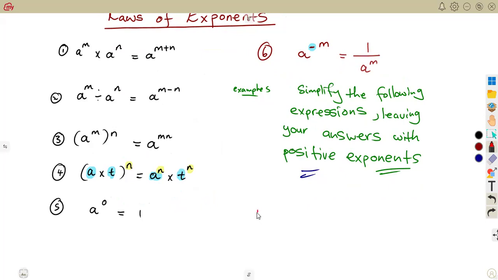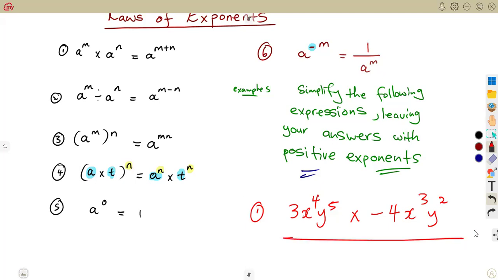All right, number 1, let us say we are given to simplify 3x to the exponent of 4, y to the exponent of 5 times negative 4x to the exponent of 3, y to the exponent of 2, like this. So which law can we use? It's a product.